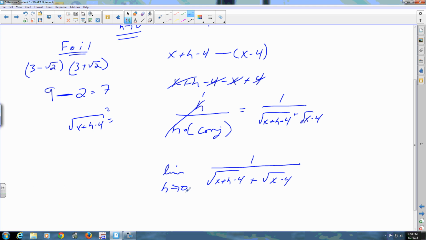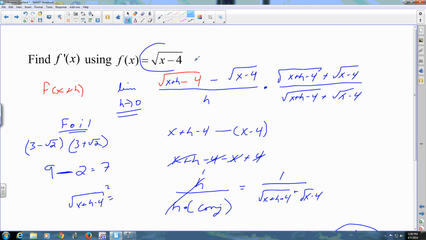Let me write the fraction better. Take the limit as h goes to 0. This is going to be filled in with 0, so this is wiped out. And you've got 1 over the square root of x minus 4 plus the square root of x minus 4. That's 1 over 2 square roots of x minus 4. This is the slope anywhere on this curve. Okay?